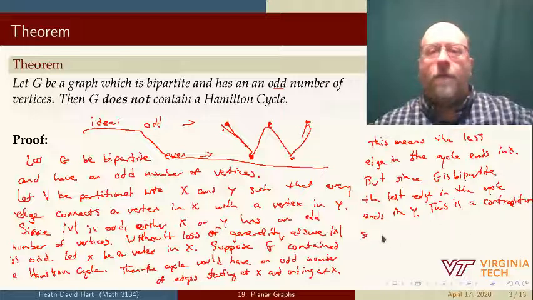And so G cannot contain a Hamilton cycle. Our supposition is wrong.